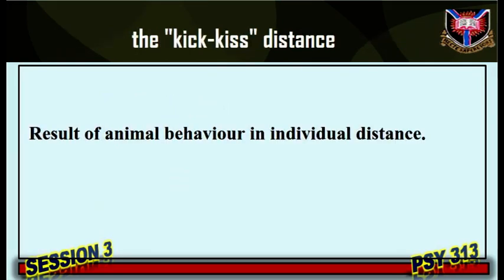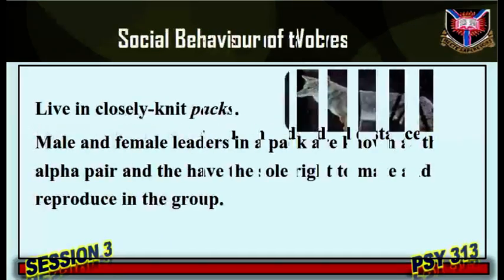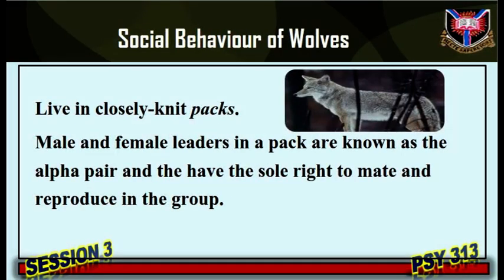These behaviors result in individual distance, also known as the kiss distance. Note: social organization of some kind is common to all animals. However, the type of organization varies with the nervous system of the species. Let us now consider the social behavior of some animal species.